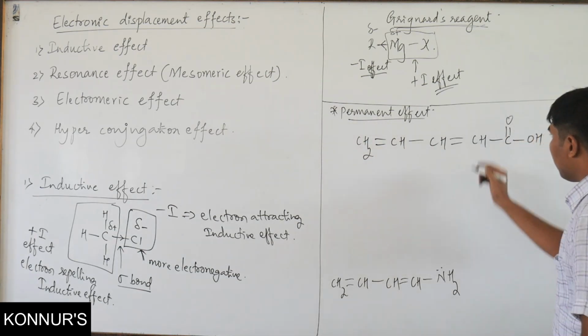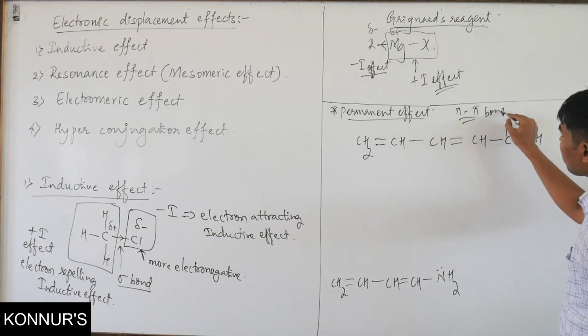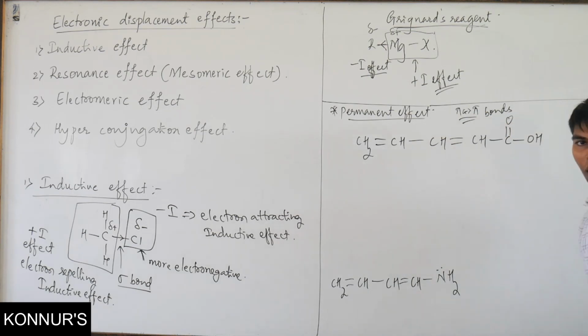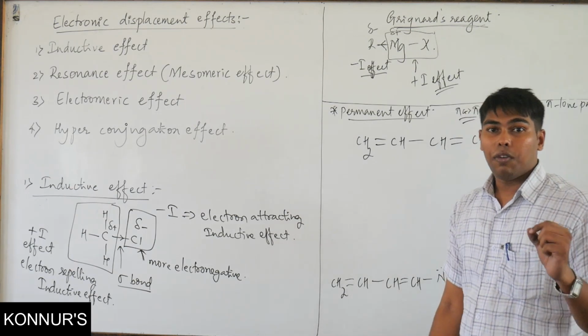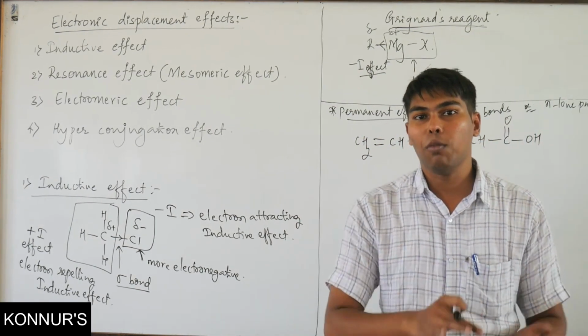So two types are there: interaction between two pi bonds, or one pi bond and lone pair. It's a permanent effect whereby polarity is produced due to interaction of pi bond and pi bond, or pi bond and lone pair.